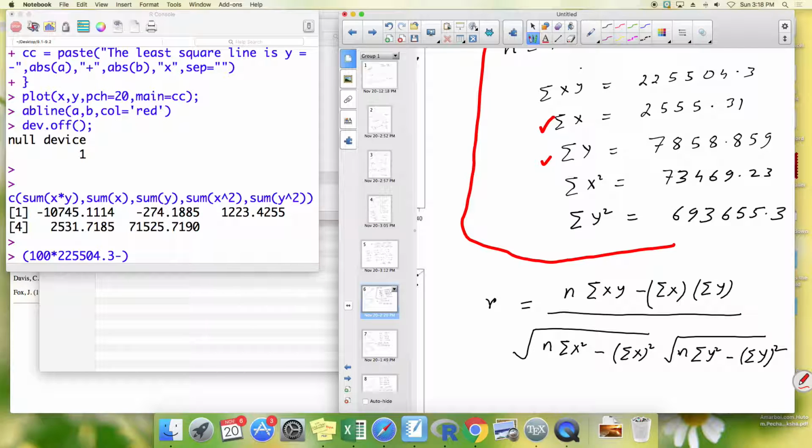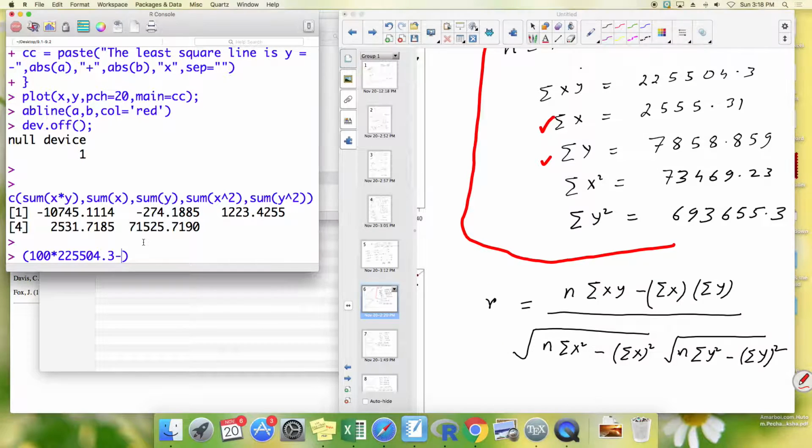So minus 2555.31 times 7858.859. So the numerator is done.